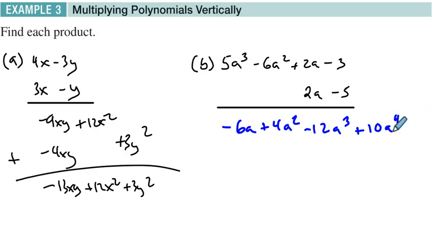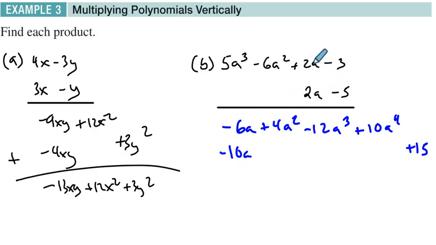Okay? So now, next line down, I'm going to take everything and multiply it by negative 5. So negative 5 times negative 3 is a positive 15. I'm just going to put that off to the side because it has nothing to do with any of these; they're not common. Negative 5 times 2a is a negative 10a, and so I can combine those together right there.